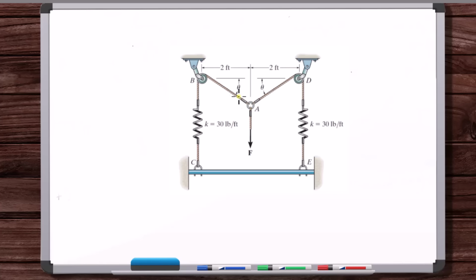Well, technically, no. The ring with the forces on it is not a rigid body. If you think about the ring free body diagram here. Okay, let's draw it.